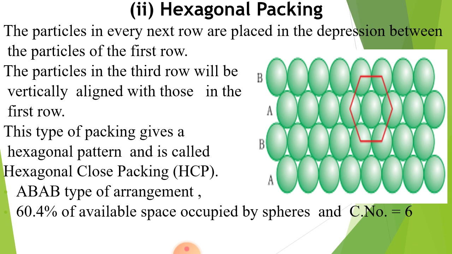You can also understand it like this: the more the packing, the more the stability, and the more the voids, the less the stability. This type of packing shows coordination number 6, as you can find from the given diagram.